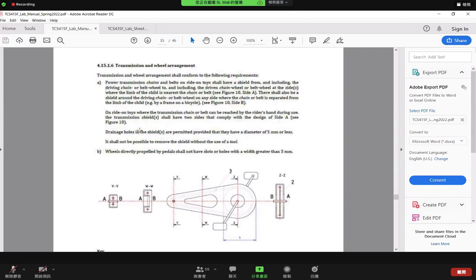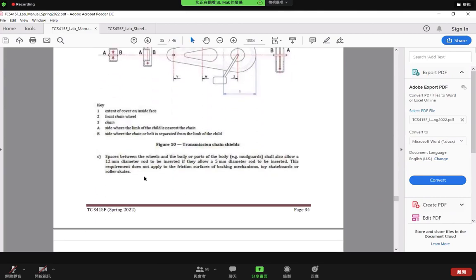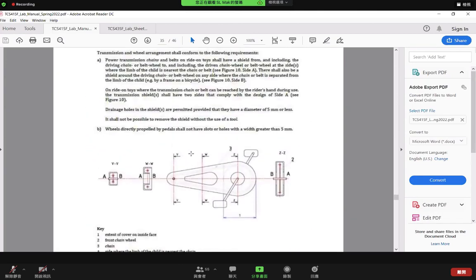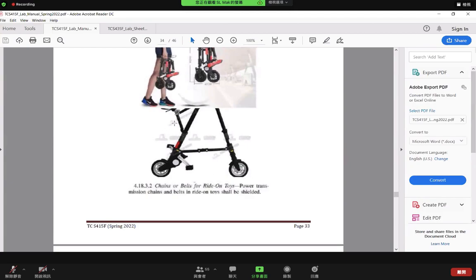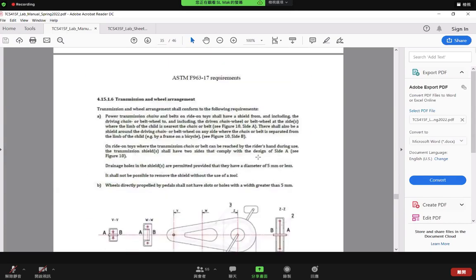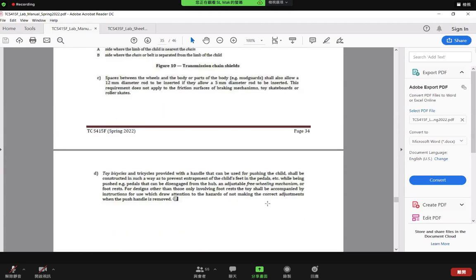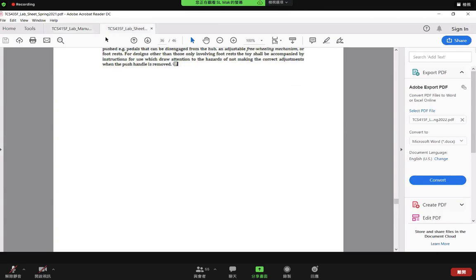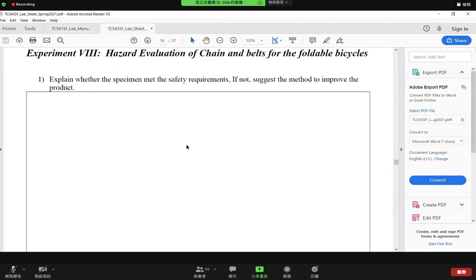It means the power transmission, such as chain and the gear and the belt, should be enclosed. What is the dimension required? And then you are required to check our sample. This one meets or does not meet the standard. It is just an evaluation. If the bicycle fails the requirement, please suggest how to improve the product.